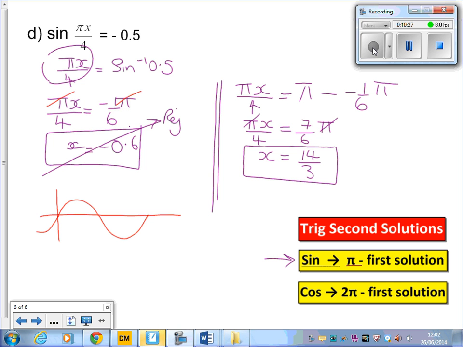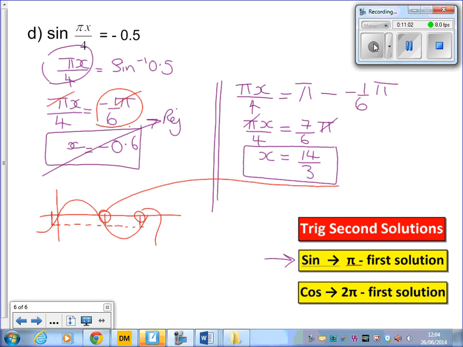When we've used our calculator and got this solution here, that's given us a solution before the 0. But for this value going along, I can see I still have 2 others in the range. This one I've found over here, and so I need to calculate this one.